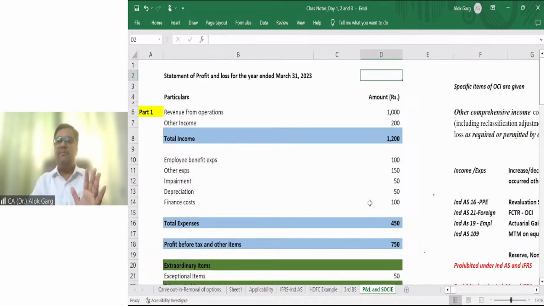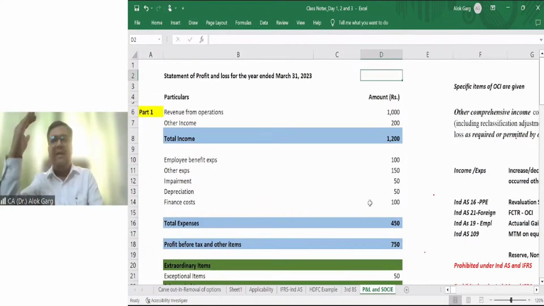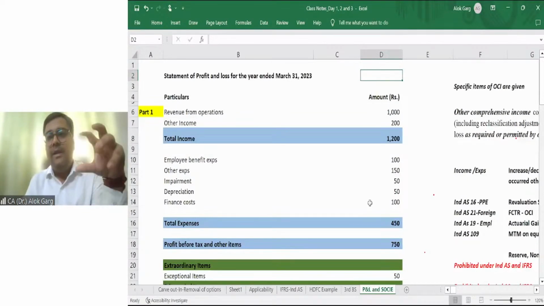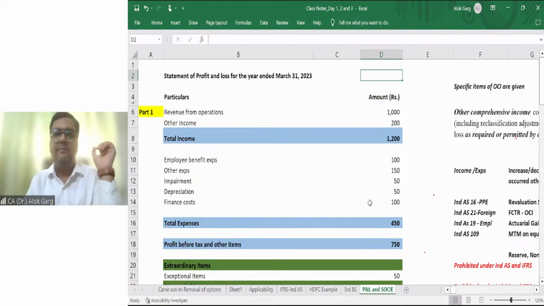So it says that at least these items should be there in your profit and loss, right? It is not detailed. It is just given 5-6 line item. So of course you need to refer schedule 3 and you need to also compare with Ind AS 1. If there is a particular requirement of Ind AS 1 which is not there in schedule 3, that requirement also needs to be followed. Number 1, Ind AS 1 also gives the minimum line item on the face of the P&L.